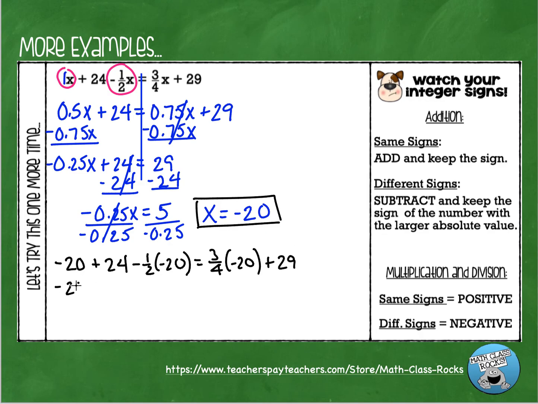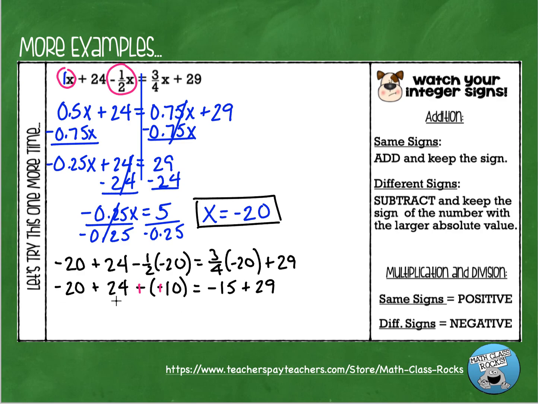So negative 20, I'll bring that down for now, plus 24 minus half of negative 20 is negative 10. So I'm going to end up with minus negative 10 here equals 3/4 times negative 20 is negative 15 plus 29. Now, remember our rules of adding and subtracting integers. When I end up with a minus negative here, that really means a plus positive, right? So let's just keep that in mind.